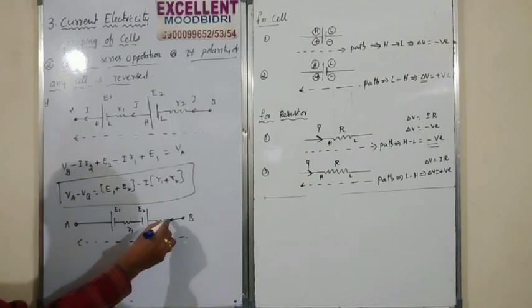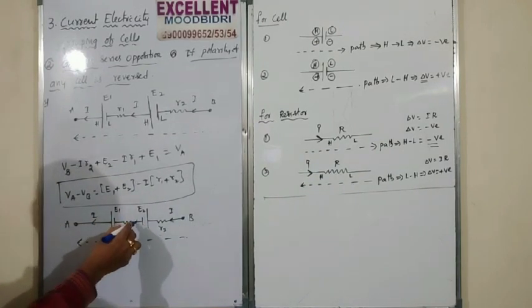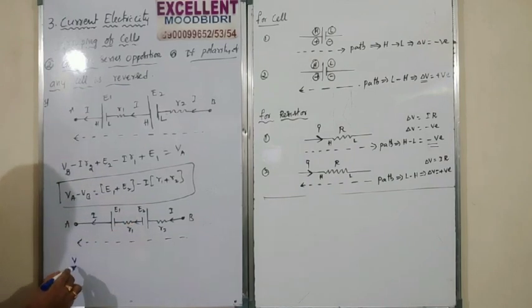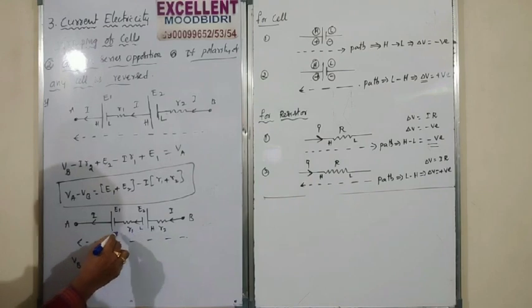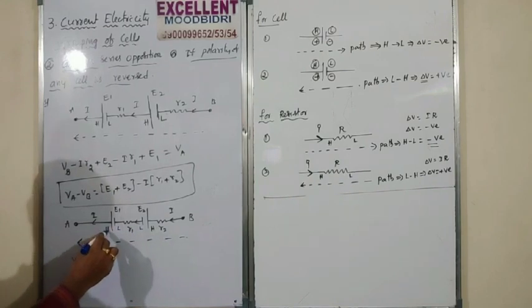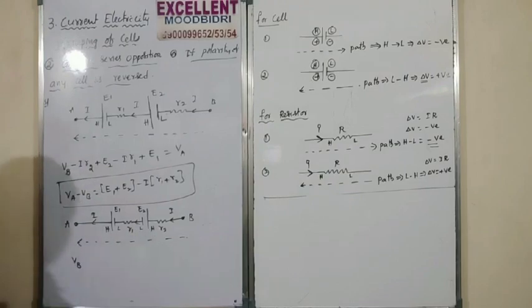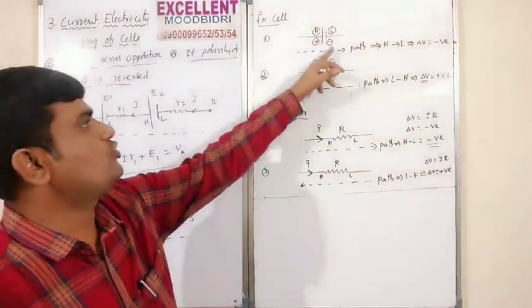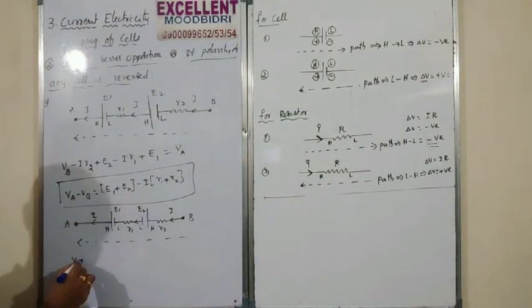This is the current direction, this is the I. So start from VB. This is the higher, this is the lower. Then higher to lower, higher to lower is the negative. So minus E2.